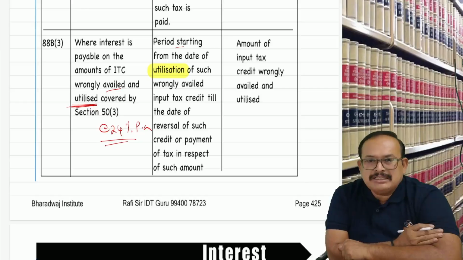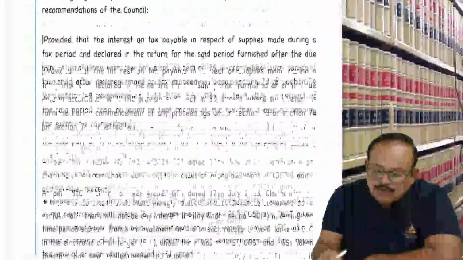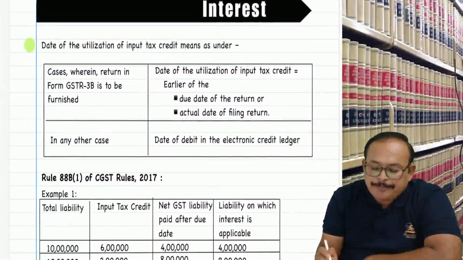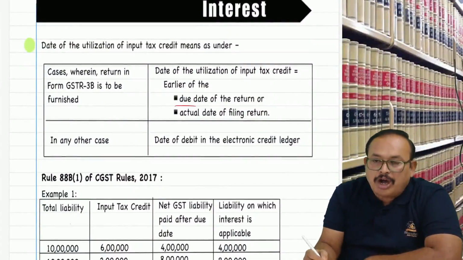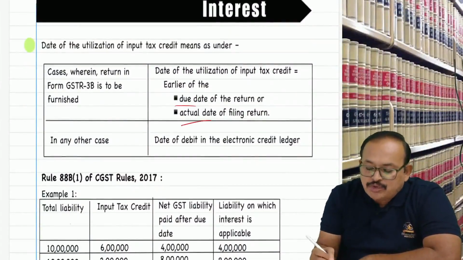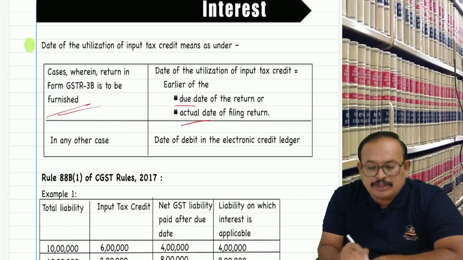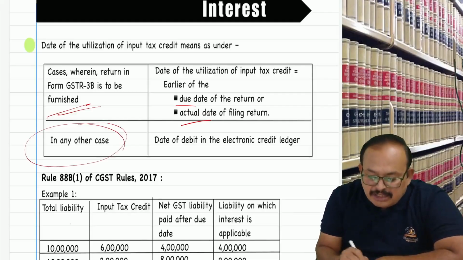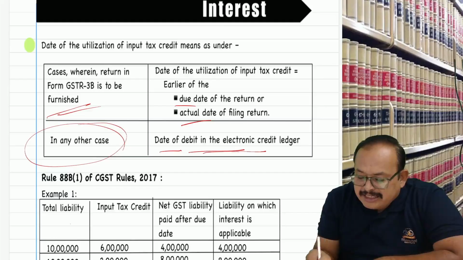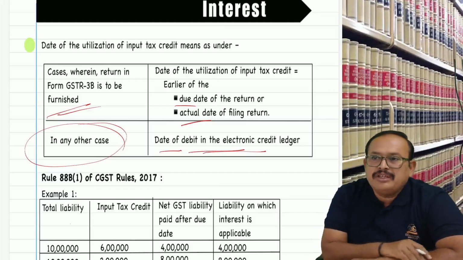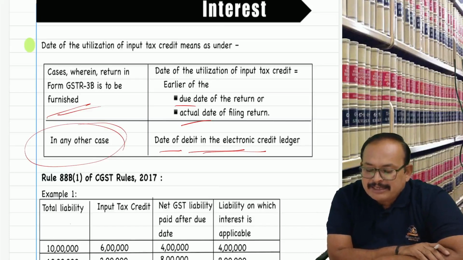Date of utilization means the earlier of the following two: the due date of the said return, or the actual date of filing the return, whichever is earlier. In the case of a return, you are going to file GST 3B. If the return is not filed, or in any other cases, the debit in the electronic credit ledger is the date of utilization. What do you mean by debit in the electronic credit ledger?